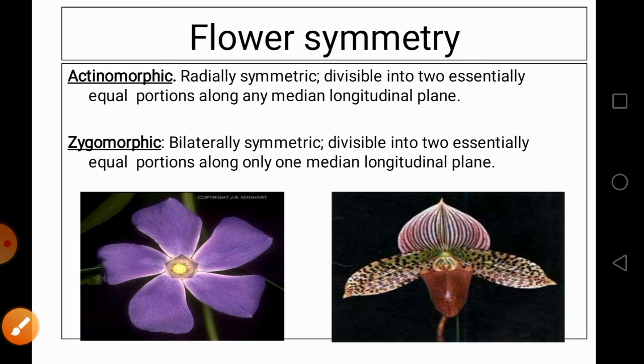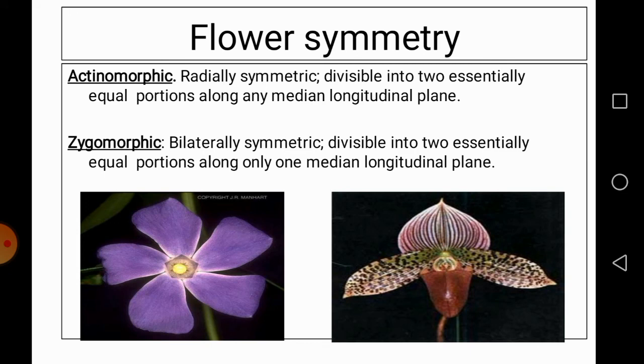Then on the basis of flower symmetry, again there are three types of flower: actinomorphic flower, zygomorphic flower and irregular or asymmetrical flower. So actinomorphic means it is a regular flower or it has a symmetry. So actinomorphic flowers can be divided by any vertical plane into two equal or similar halves, such as your brinjal, mustard flower if you see.